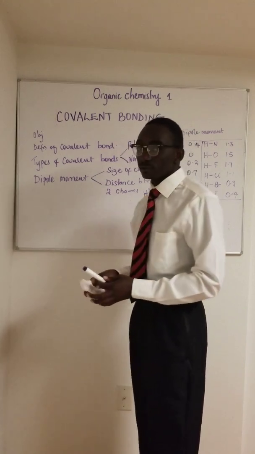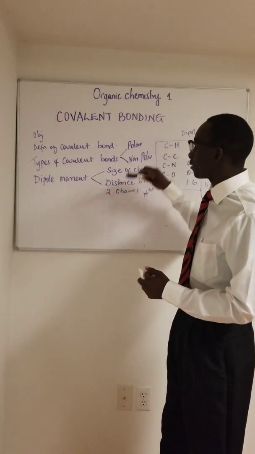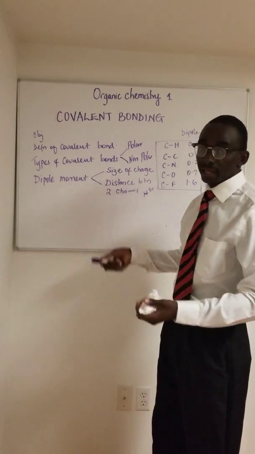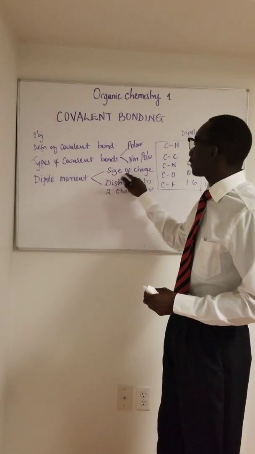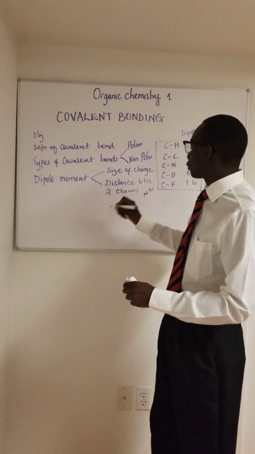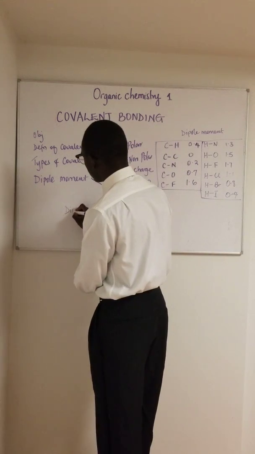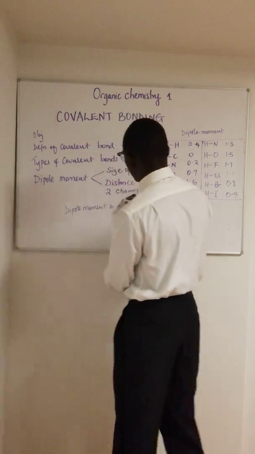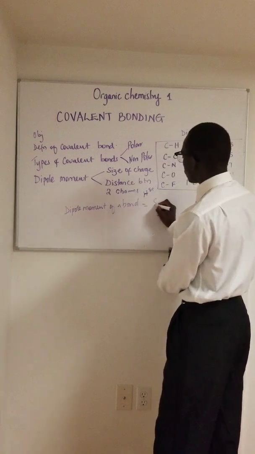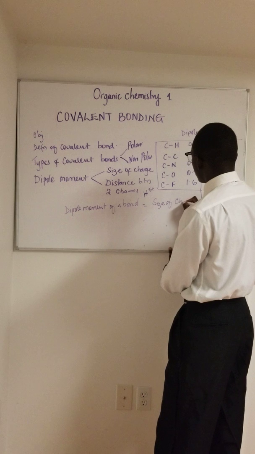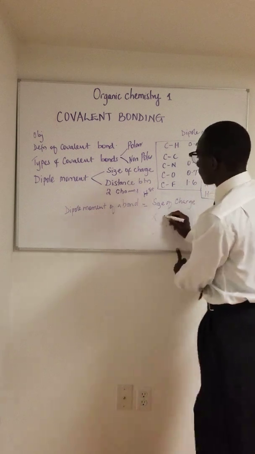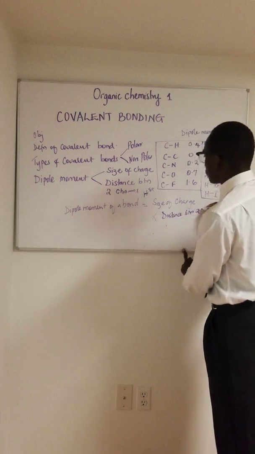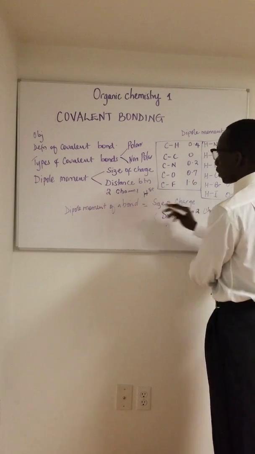Now that you've understood covalent bonding, polar and non-polar, a dipole moment is defined by an equation that says that the dipole moment of a bond is equal to the size of the charge times the distance between the two charges. So what does this mean?